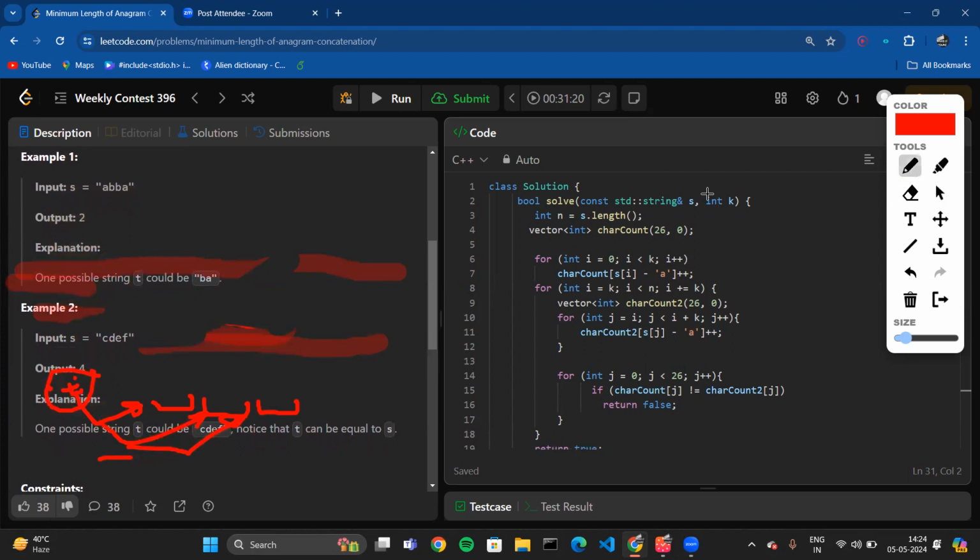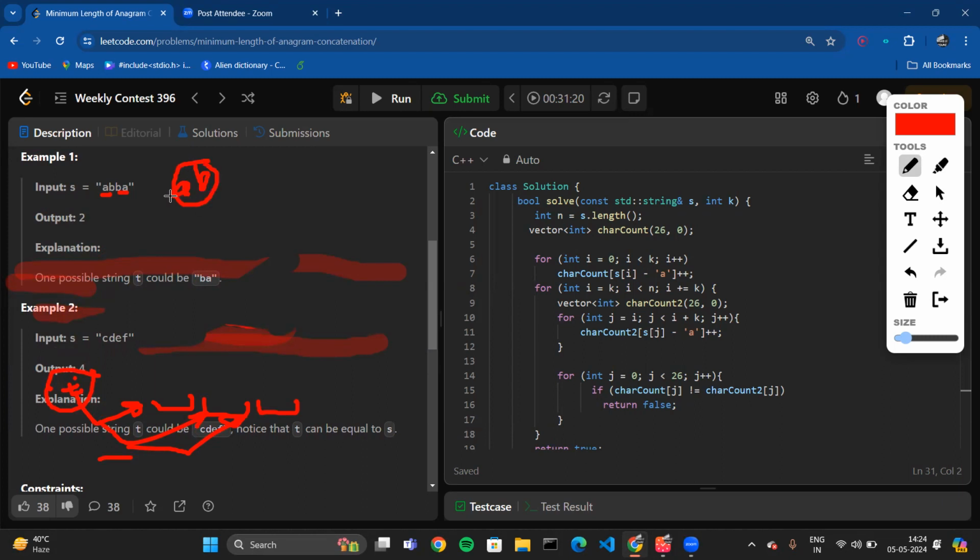So let us see, for example, in this question, if I consider AB as my parent string, then clearly I can see that AB and BA, two length strings, are anagrams.